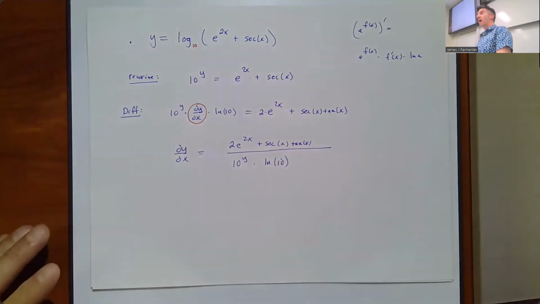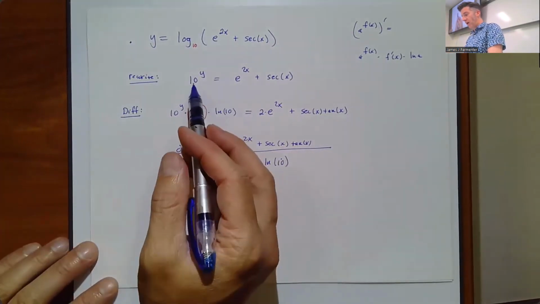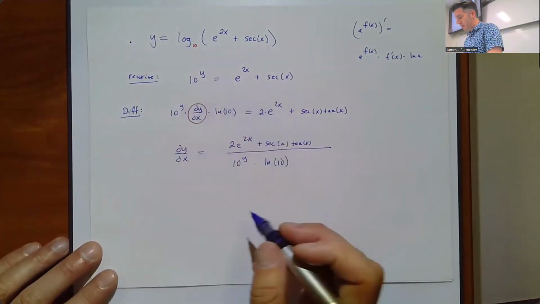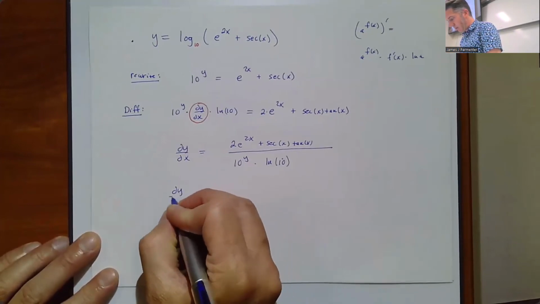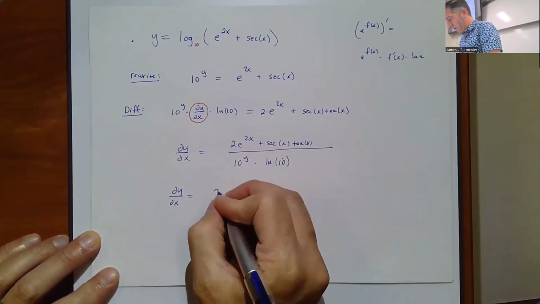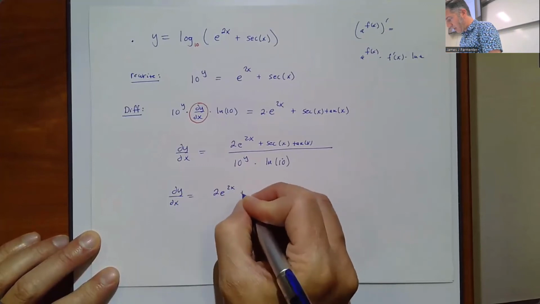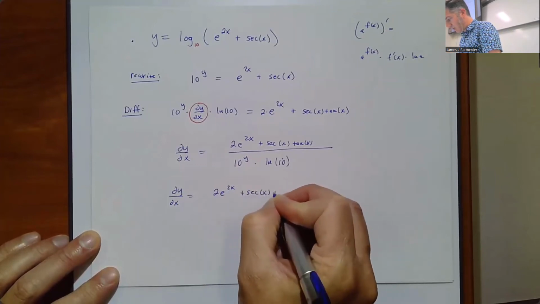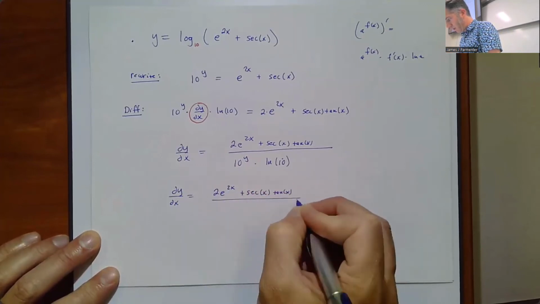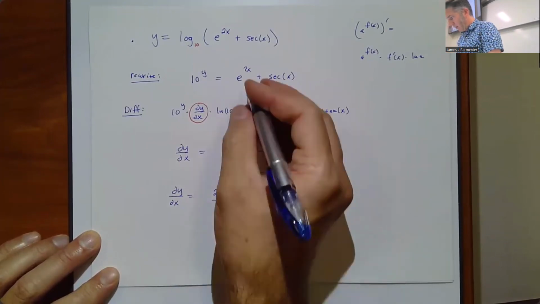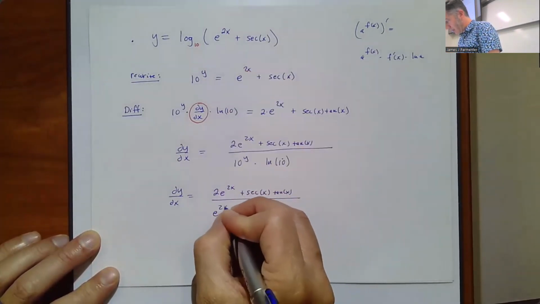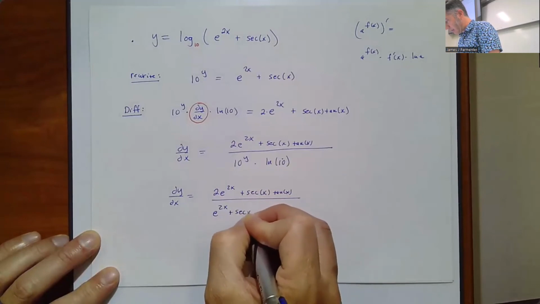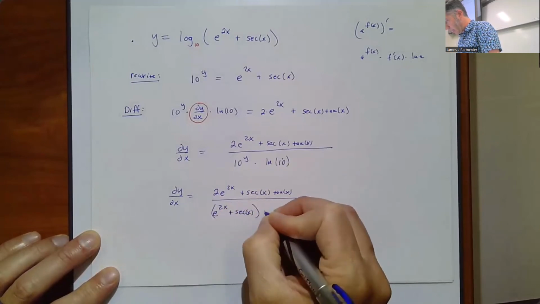Of course, we're not done because we're going to replace 10 to the y with e to the 2x plus secant of x. So really we have dy dx is equal to 2e to the 2x plus secant of x times tangent of x over 10 to the y, which was e to the 2x plus secant of x times the natural log of 10.